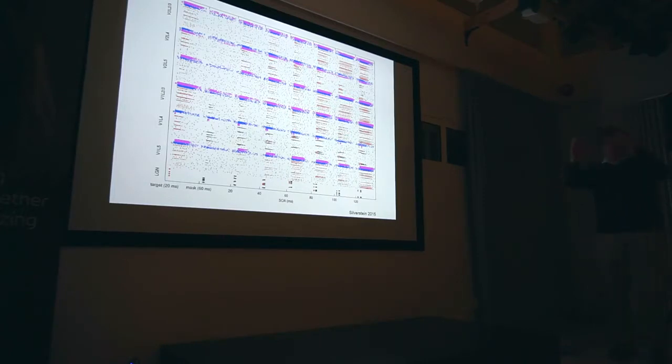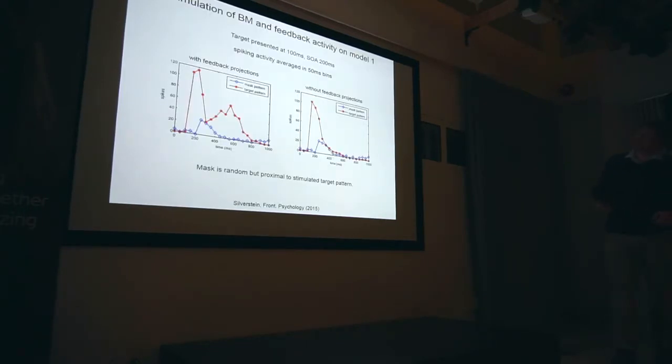It also propagates forward to, let's say, V2, and that activation can propagate back and reinforce activation of a particular feature detector, for example. Here you see the simulation ran with feedback connections and without feedback connections. And with feedback connections, it was more likely to become active and propagate forward, so more likely to become conscious.